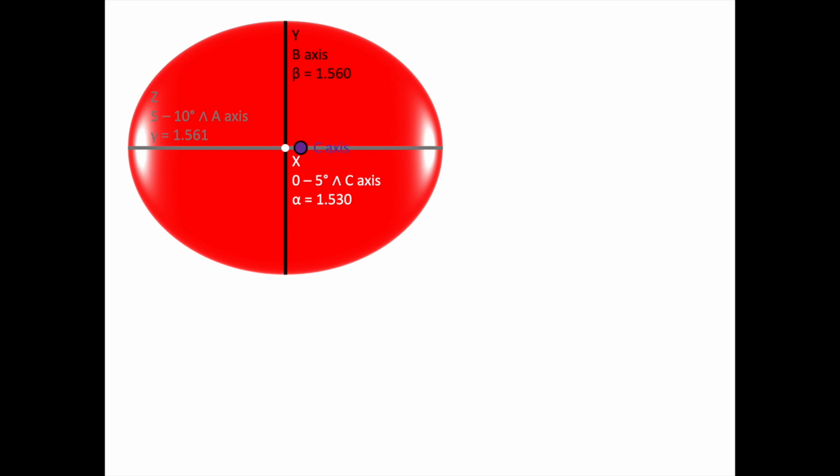When we're looking down the X direction of our optical indicatrix, what we'll see is the gamma-beta plane of our mineral. And because our Phlogopite is biaxial negative in this plane, we would generate a BXA interference figure. That's an acute bisectrix interference figure.